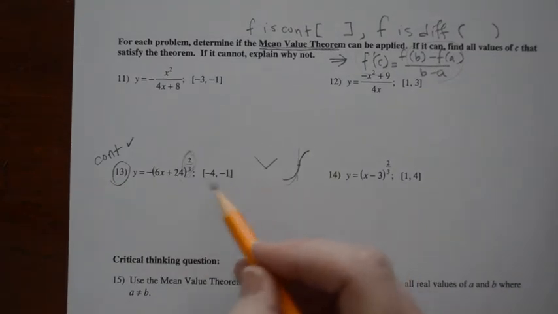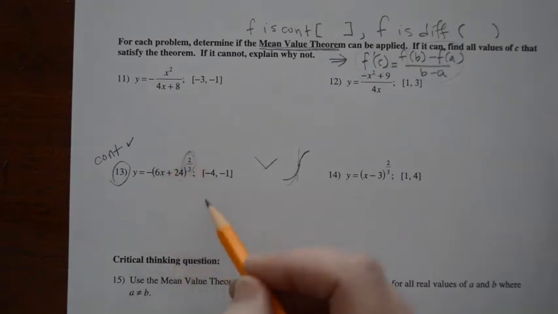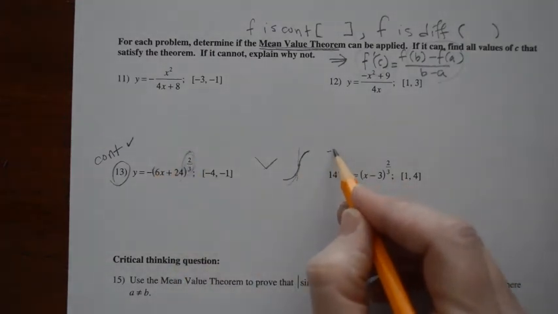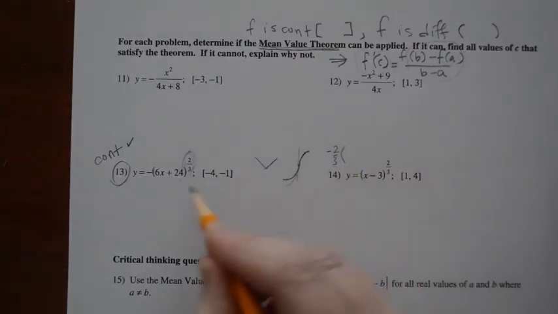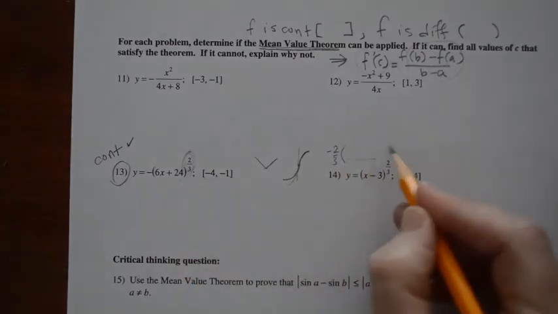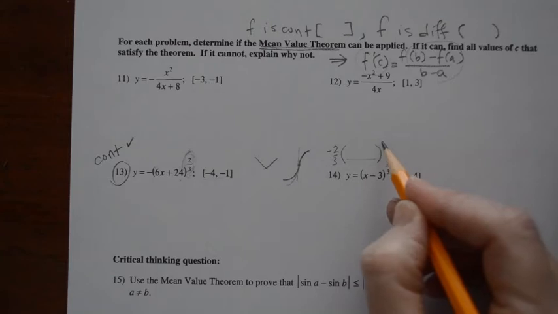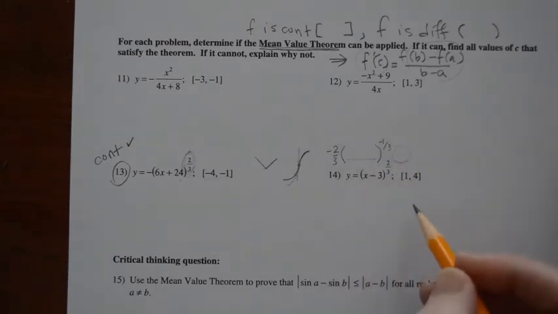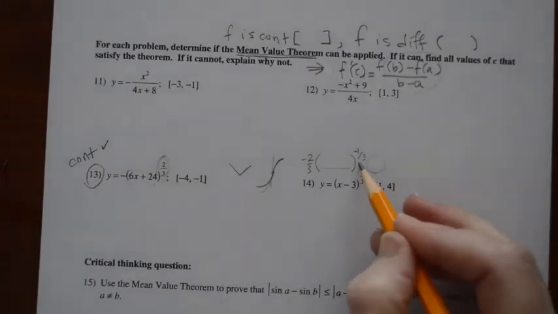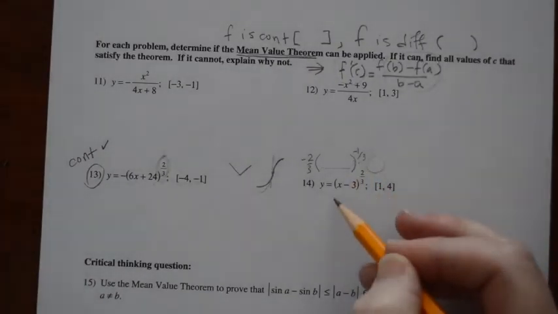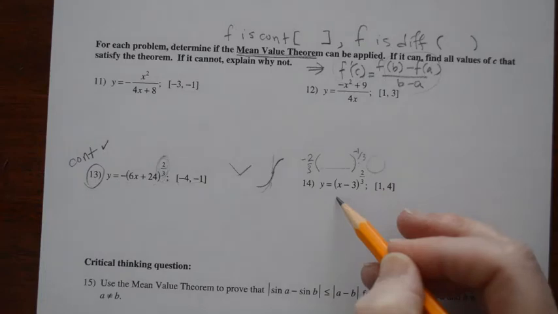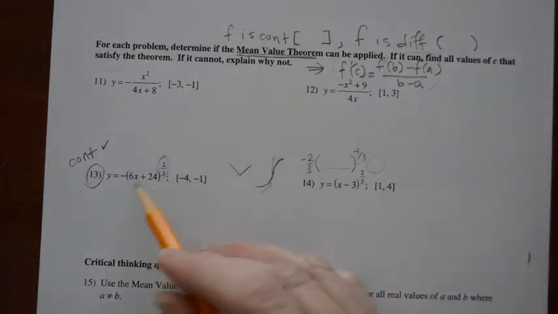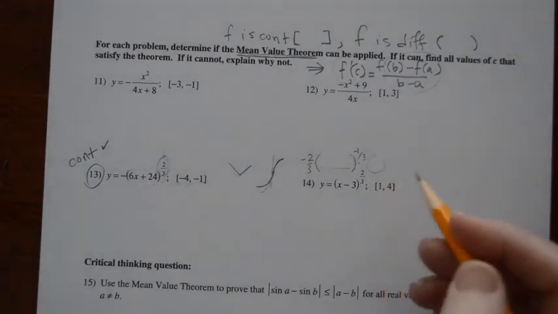So here's what we need to think about. When I take the derivative of this, I'm going to have to use the chain rule. I'm going to bring the 2/3 down to the front, so I'm going to get a negative 2/3. I'm going to leave this inside part alone, decrease the power by 1 to give me a negative 1/3, and then multiply by the derivative of the inside. What's going to happen is this is going to flip to the bottom and become 6x plus 24 to the 1/3 in the denominator.